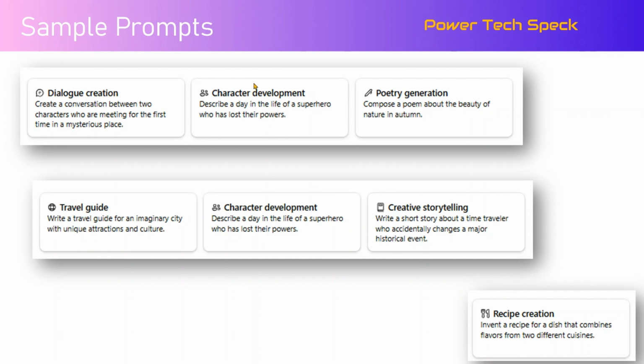So these are some of the instructions or samples which are provided by the system, which will basically help you understand what to type in when you start testing the model. So one is about poetry generation, then we have creative storytelling, recipe creation. Those kinds of things you can utilize over here.